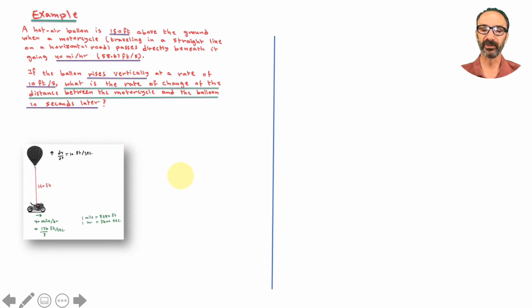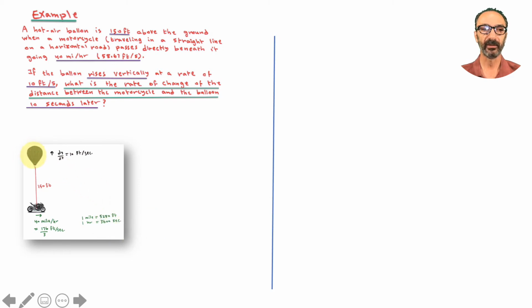Here's a picture to get started. As they mentioned, there is a balloon going up and there's a motorcycle that passes underneath it at 40 miles per hour, which is 176/3 feet per second. 1 mile equals 5280 feet and 1 hour equals 3600 seconds.